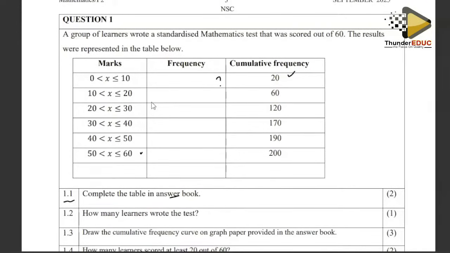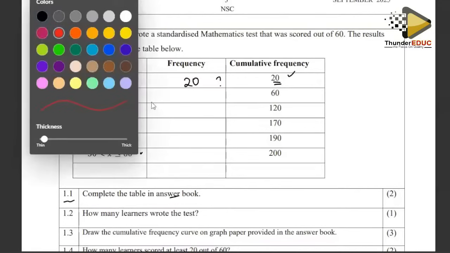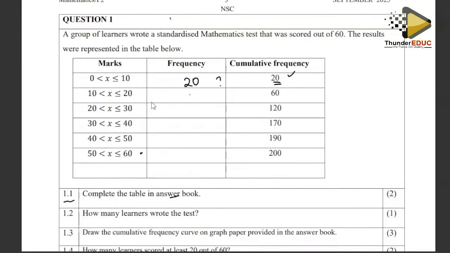What we know is that the first cumulative must always be the first frequency. Then for us to get the next frequency, we just have to do the subtraction. So 60 minus 20, which is 40. Then 120 minus 60, which is going to give us 60.